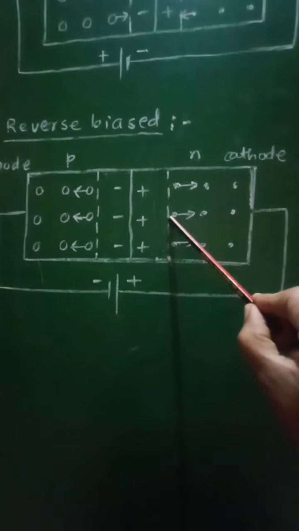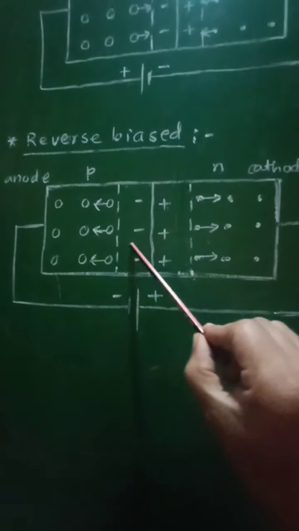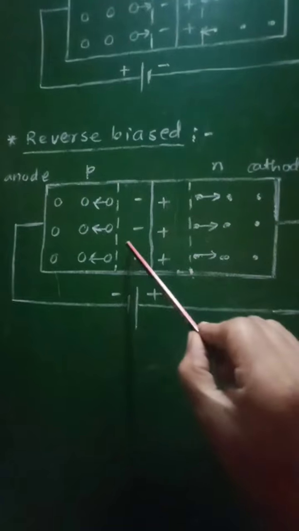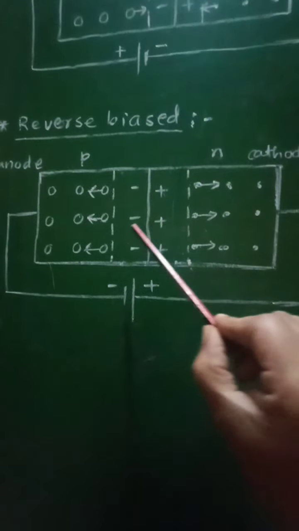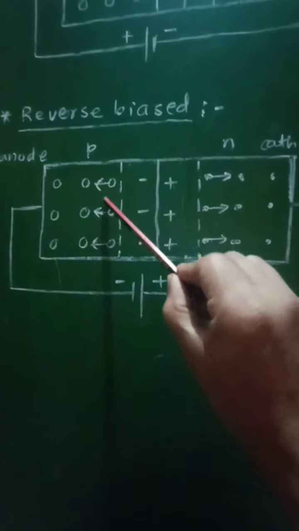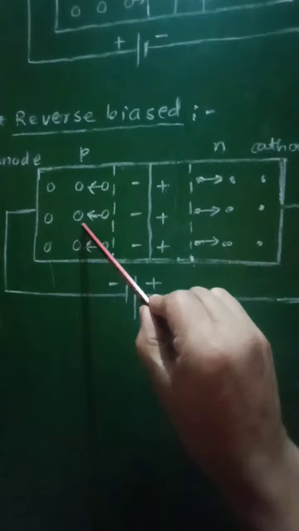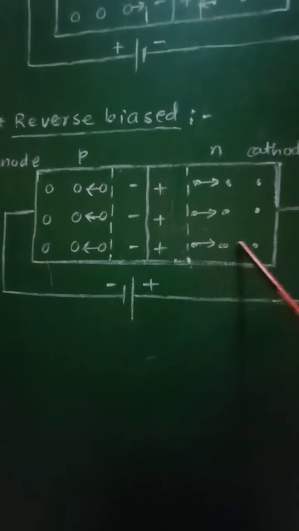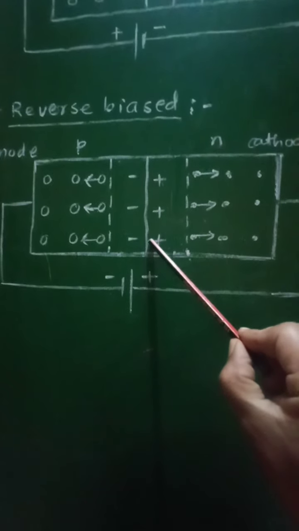When the diode is reverse biased, the width of the depletion region will increase, because when the diode is connected in reverse bias mode, the charge carriers from both the regions will move in the reverse direction, that is, in the backward direction, and therefore no current will be set up here.